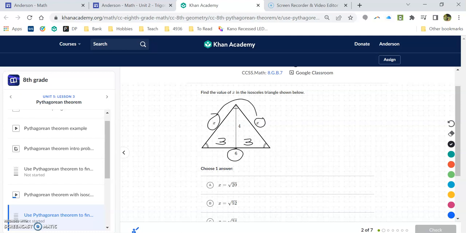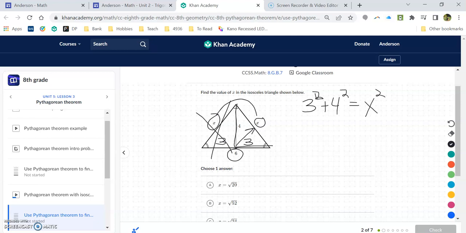So we're going to break the problem up in half, hide that. We're going to only worry about this. So we have our c is our x value, and our a and b's are 3 and 4. And our unknown.